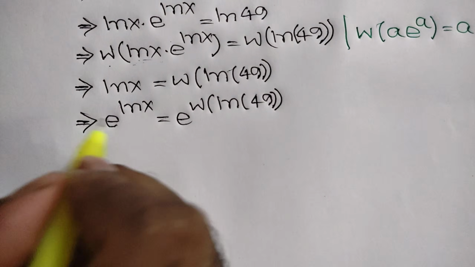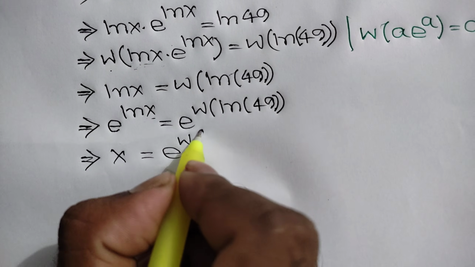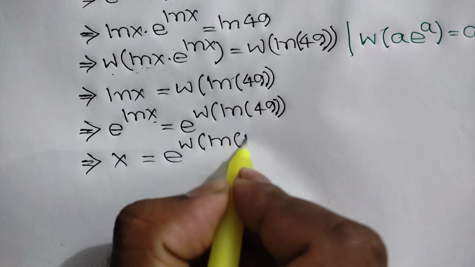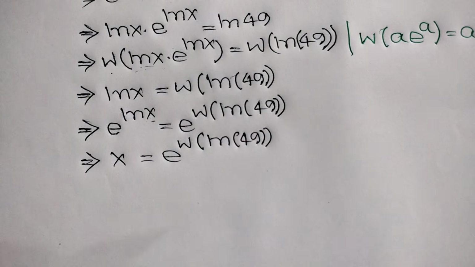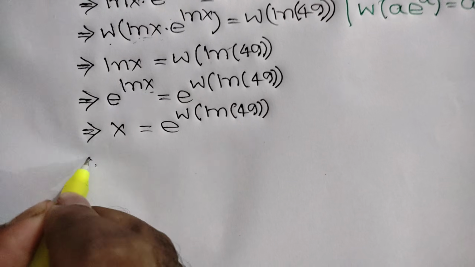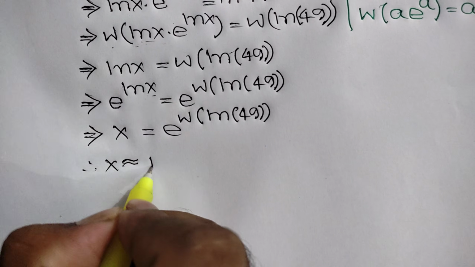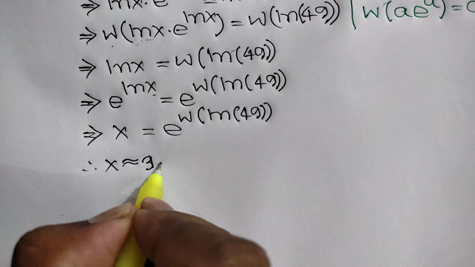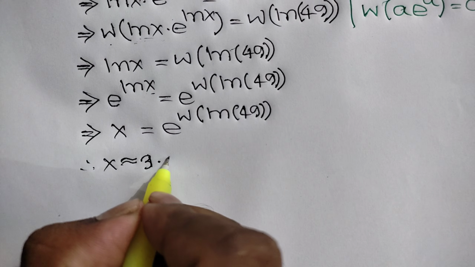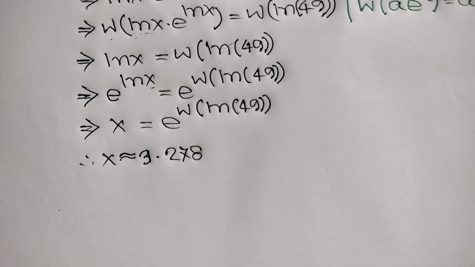So here we will get x is equal to e to the power W of ln of 49. Now we can use a calculator, and we will get the approximate value of x as 3.278, and it is our final answer.